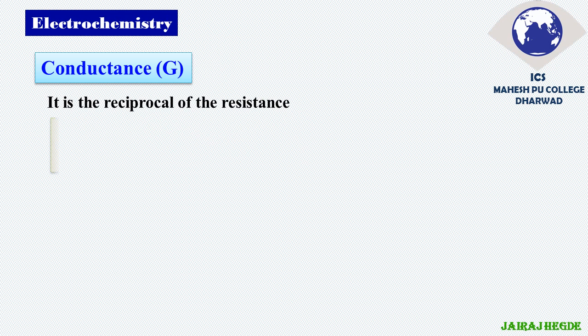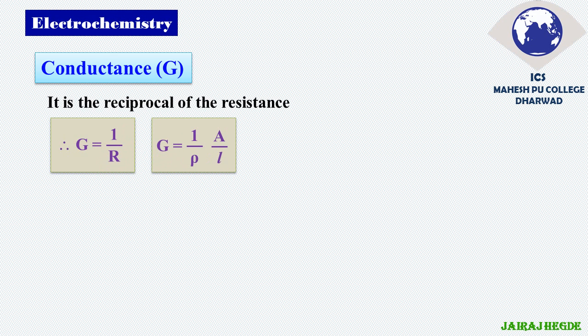It is also written as G is equal to 1 by R. As we already know the formula for resistance, R is equal to rho into L by A, G is reciprocal. So reciprocal means 1 by rho. It was earlier rho, now it will become G is equal to 1 by rho into A by L.